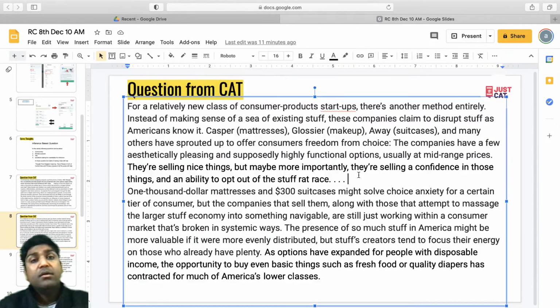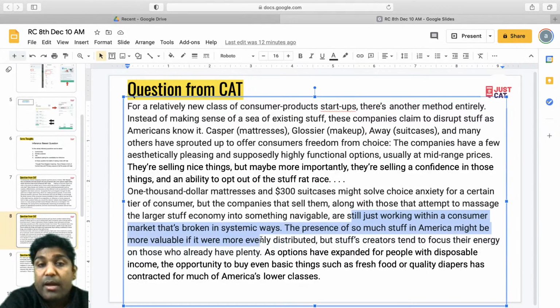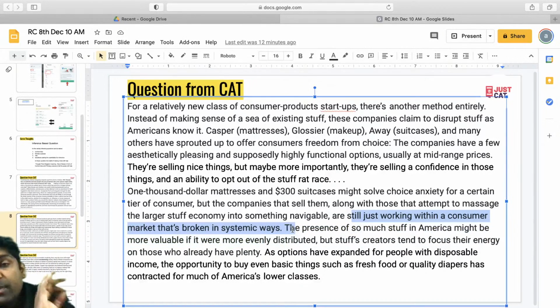It's also helping consumers to be a little less anxious, and they can choose easily. So $1,000 mattresses and $300 suitcases might solve choice anxiety for a certain tier of consumers, but companies that sell them along with those that attempt to massage the larger stuff economy into something navigable are still just working within a consumer market that is broken in a systemic way.